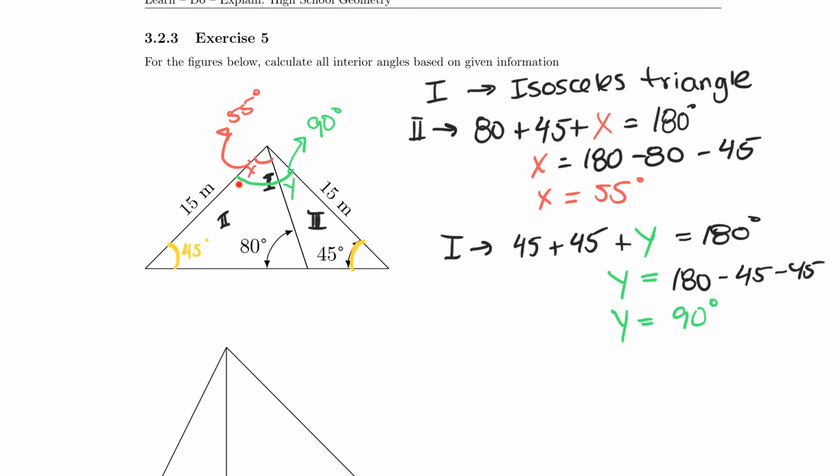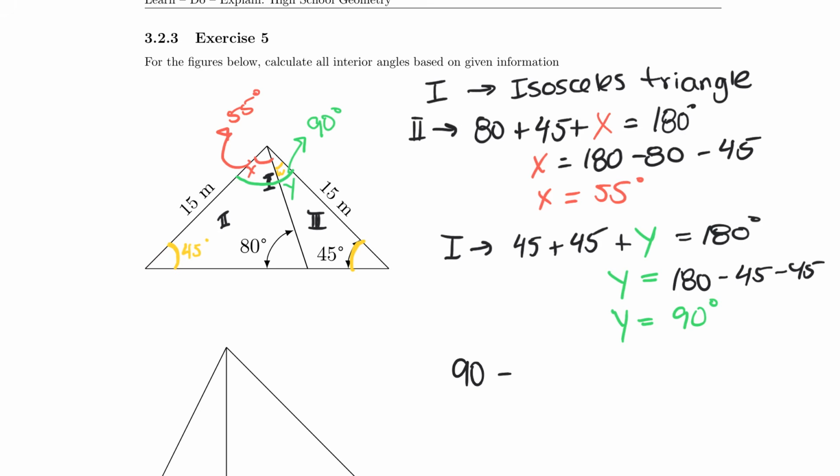If we know that the big angle is 90 degrees and this small angle is 55, we could easily get the remaining angle. Okay, so this small one, let's call this small angle W. Right? And now let's apply the equation. We have that the big angle is 90 degrees and one small angle is 55.